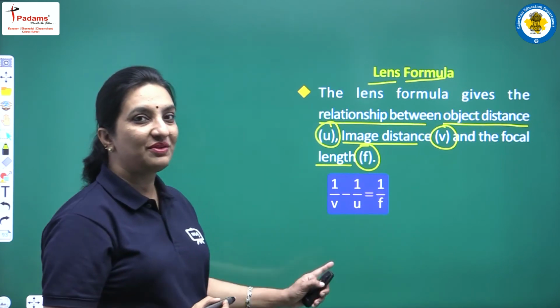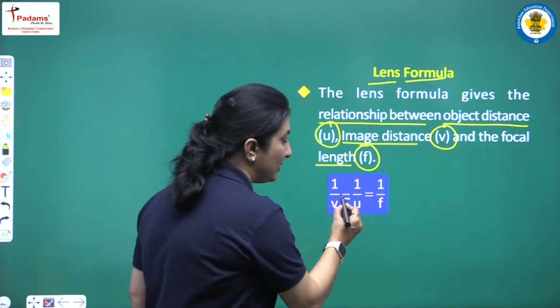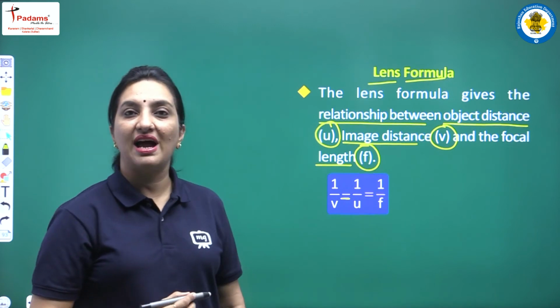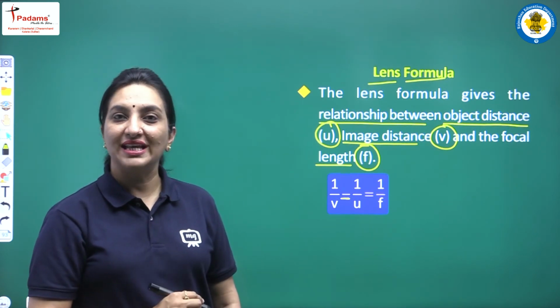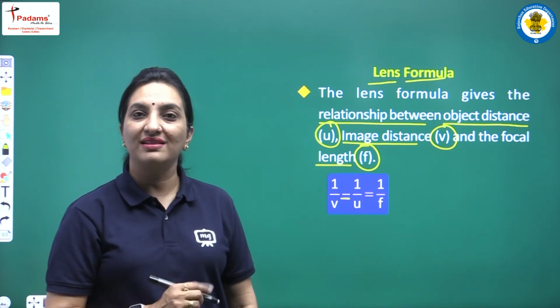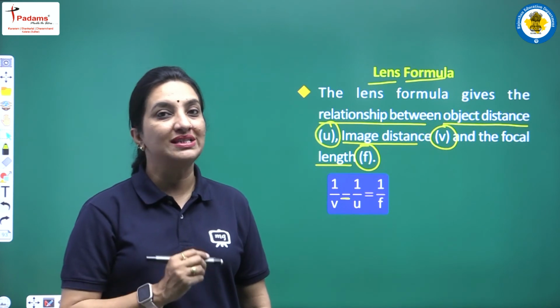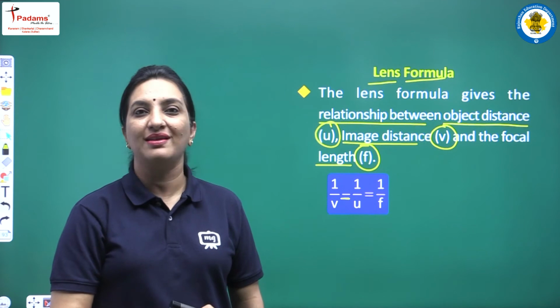Now, students, here we have a negative sign, there we had a positive sign and here we have a negative sign. So, keep in mind, for the case of mirrors, that is spherical mirrors, we always had the mirror formula which was 1 upon f is equal to 1 upon u plus 1 upon v.